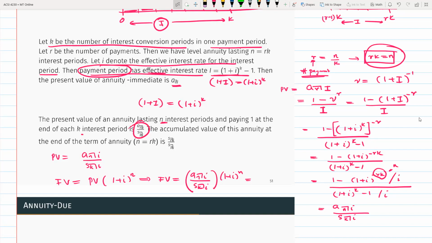So if I multiply the present value, a_{n|i} over s_{k|i}, times (1 plus i) to the n, then a_{n|i} times (1 plus i) to the n becomes s_{n|i}. So you can say s_{n|i} over s_{k|i}. So that's the second formula.